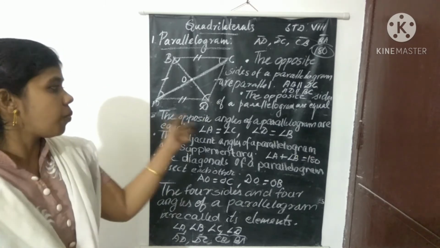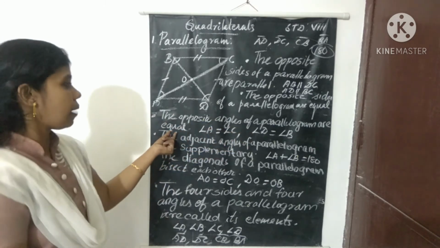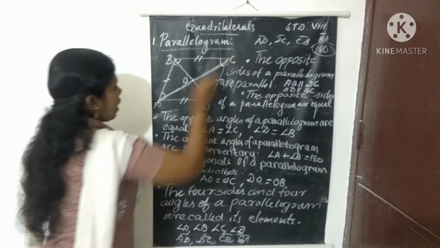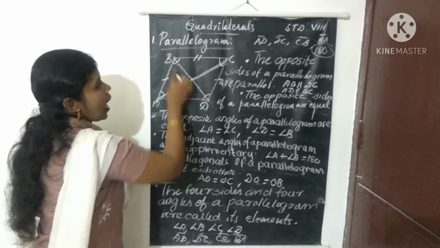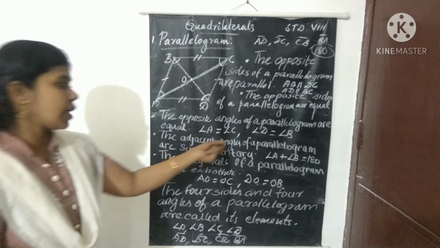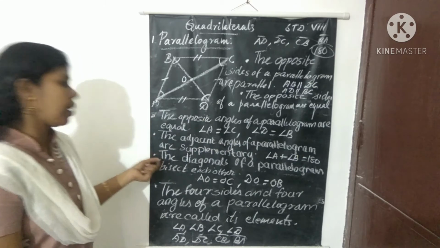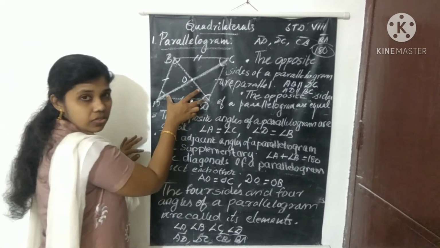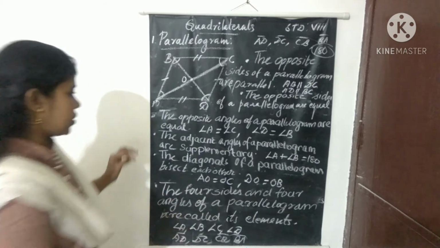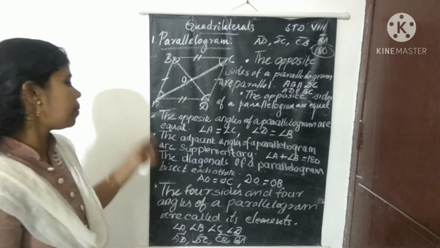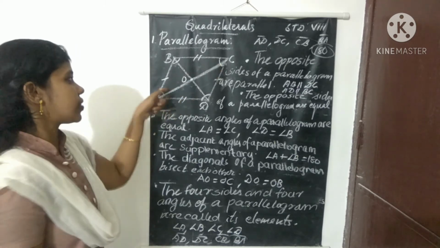Next, the opposite angles are equal: angle A equals angle C, angle B equals angle D. Next, the adjacent angles are supplementary. Next, the diagonals of a parallelogram bisect each other.